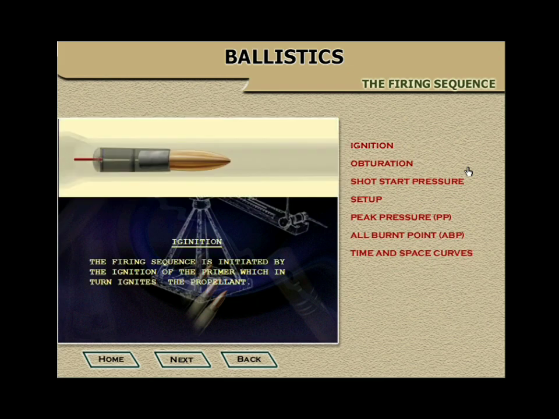Ignition. The firing sequence is initiated by the ignition of the primer, which in turn ignites the propellant. The pressure and temperature inside the chamber increase dramatically. The burning rate of the propellant is roughly proportional to the pressure.